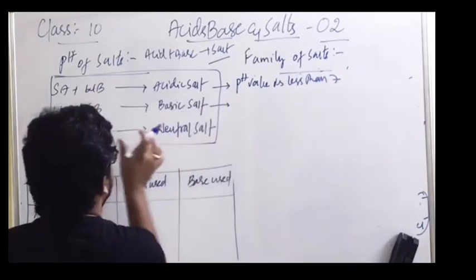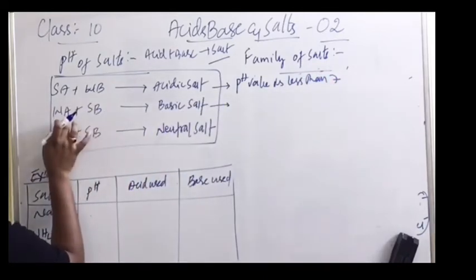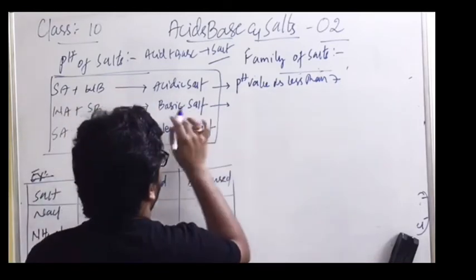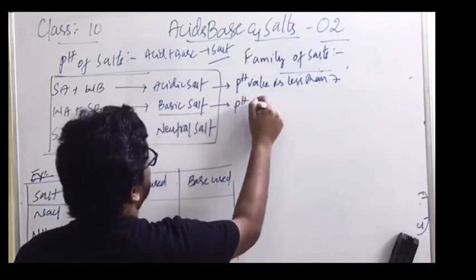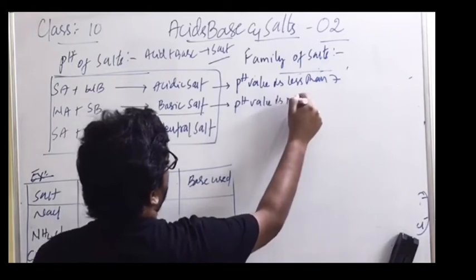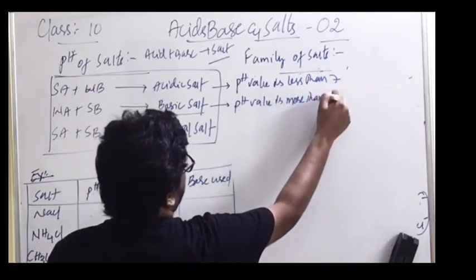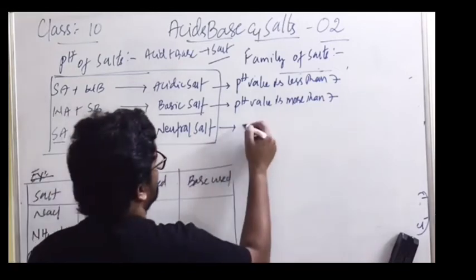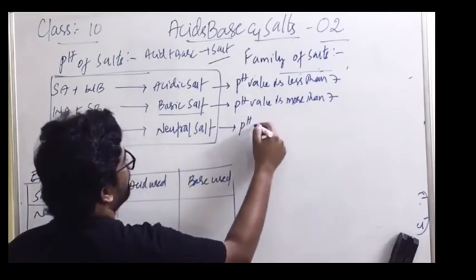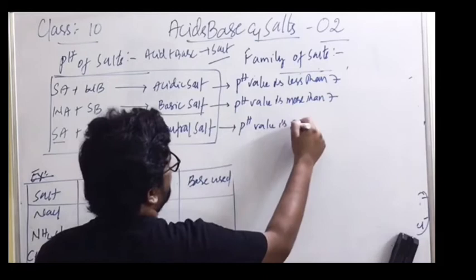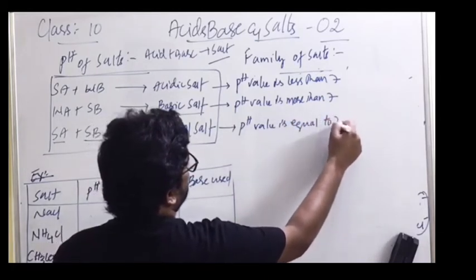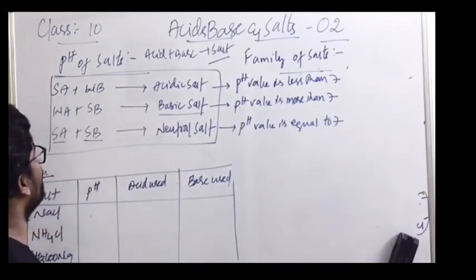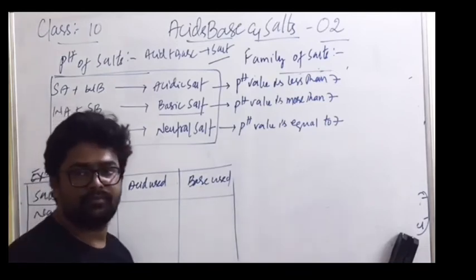If the salt is formed by the reaction of a weak acid and a strong base, we call it a basic salt, and its pH value is more than 7. If it is a reaction between a strong acid and a strong base, we call it a neutral salt, and the pH value is equal to 7. This is how we find the pH of a salt.